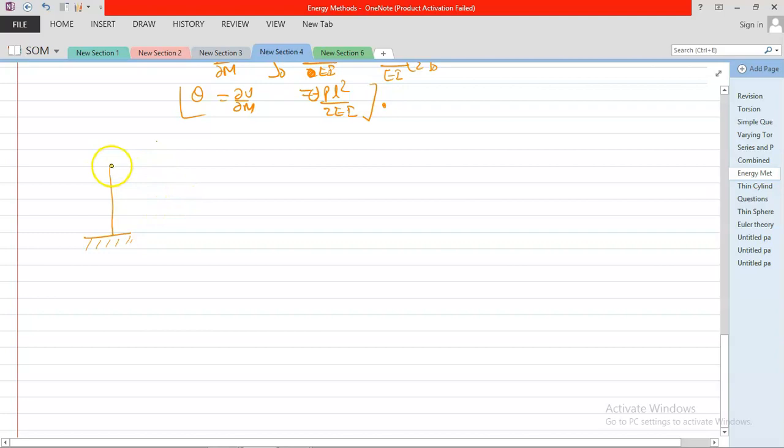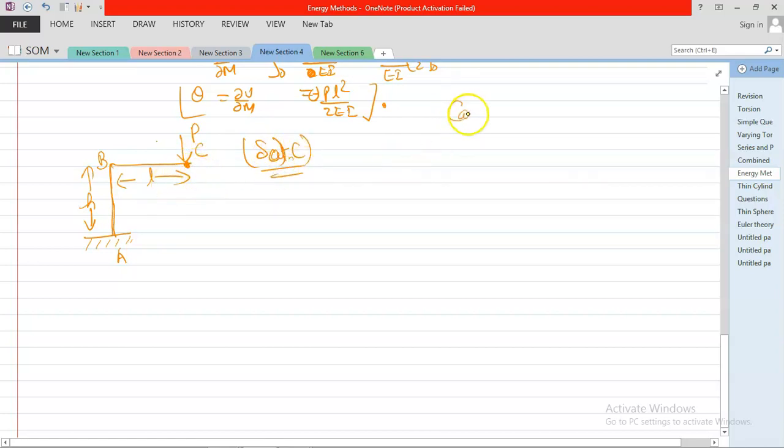Now suppose an L-shaped member. This is called A, this is called B, and this is called C, and you apply a load P here, and this is your length L, and this is your length h. So now you need to find delta at C, the deflection at point C.